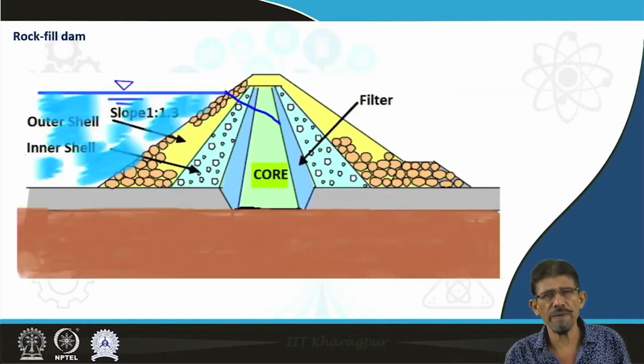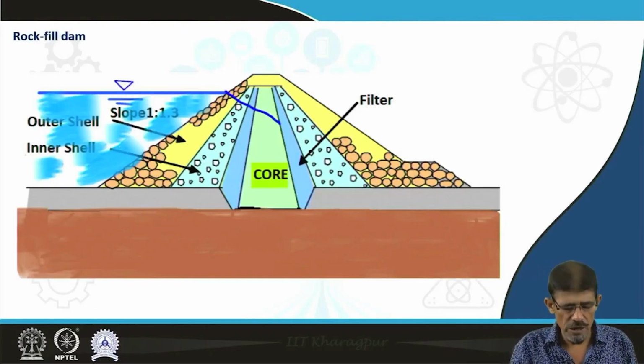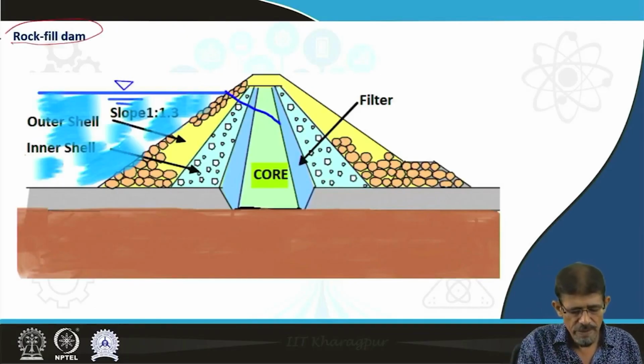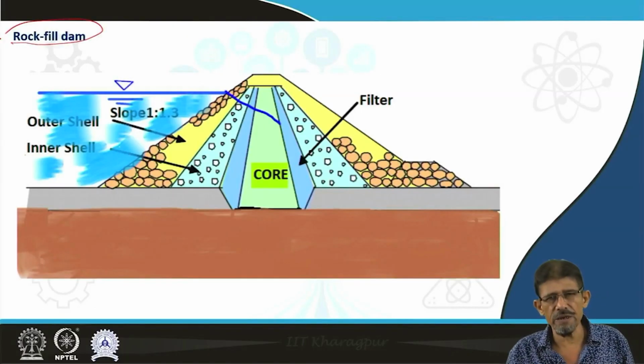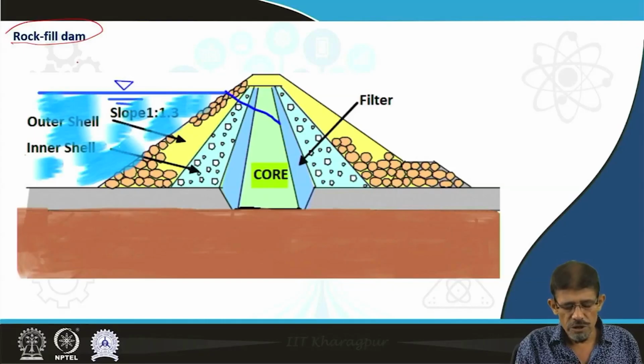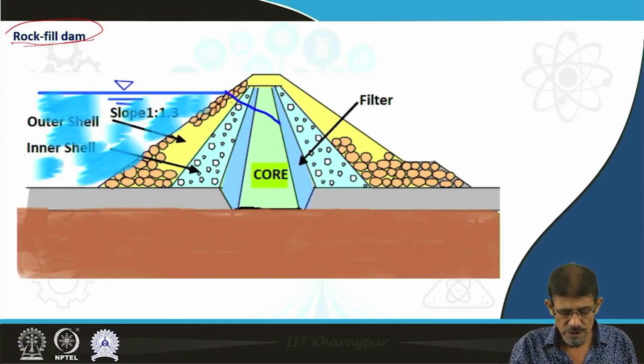The next type of dam is the rock fill dam. As the name indicates, this figure is also taken from a website and then modified according to our need. You can see here a number of fillings belonging to different types of rocks.